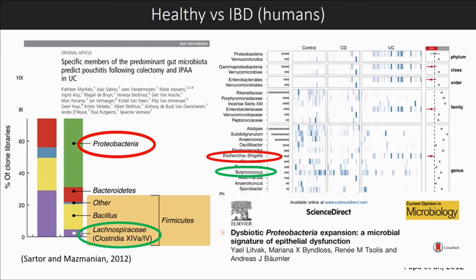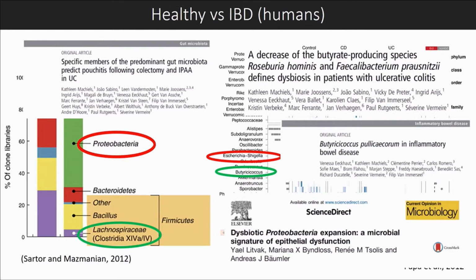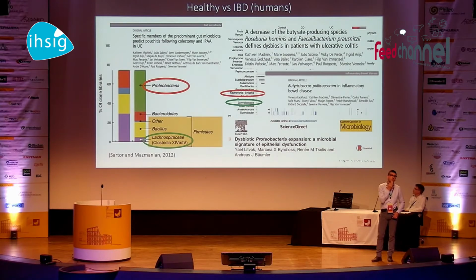Also some papers show that the Enterobacteriaceae and proteobacteria are very important here, and also many other papers show that butyrate formers are very important in human gut inflammation. And this is one that we published a few years ago in Gut, in the human science paper.